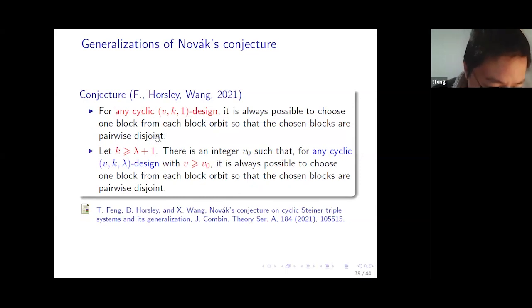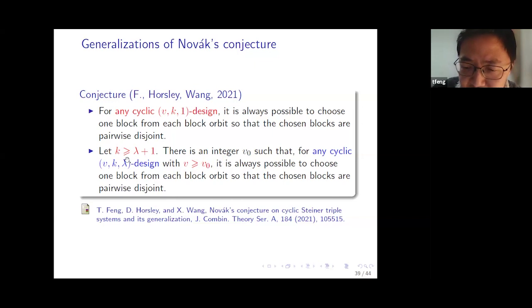And this conjecture can be made more generally. One can replace it with a general index lambda. But in this case, we require the conjecture to hold for bigger V, because we can always find some counterexamples when lambda is big.